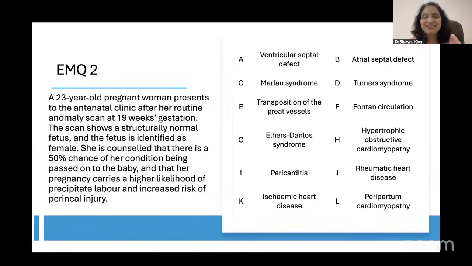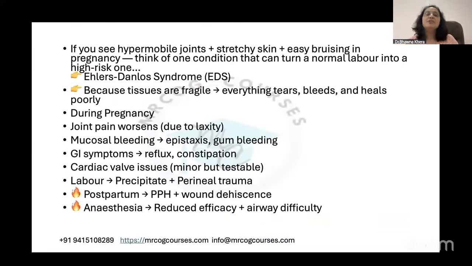Okay, so here the correct answer is Ehlers-Danlos. So let's learn a bit about Ehlers-Danlos. In pregnancy, you see hypermobile joints, stretchy skin, and easy bruisability. The hypermobile joints and the stretchy skin immediately correlate with the connective tissue. Think of one condition that can turn a normal labor into a high-risk one, and that is Ehlers-Danlos. Because the tissues are fragile, everything tears, bleeds, and heals poorly.